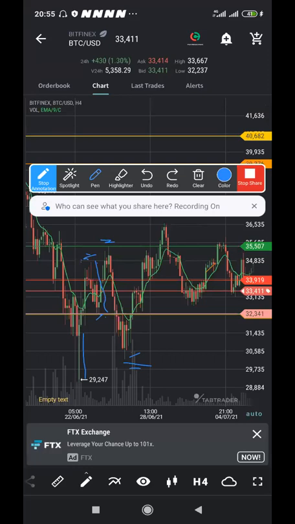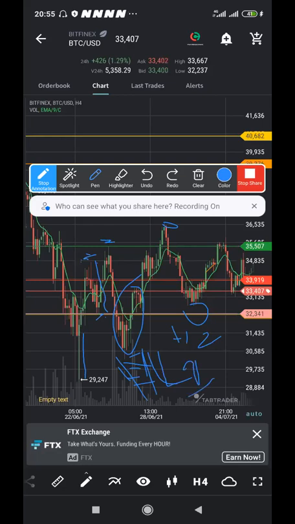It goes up, gives you a complete valid top, and then still continued and went up to this point and went down. This is your higher low 2, higher low 1, which is your first point.